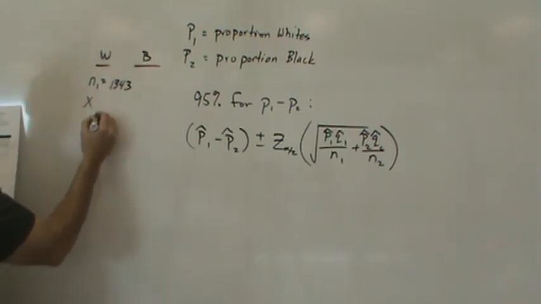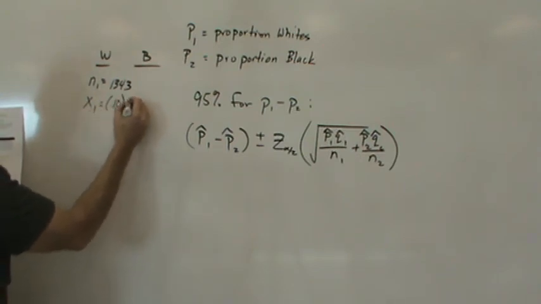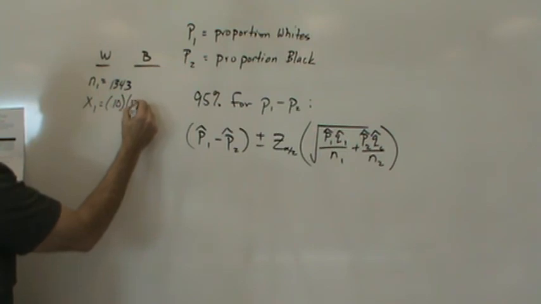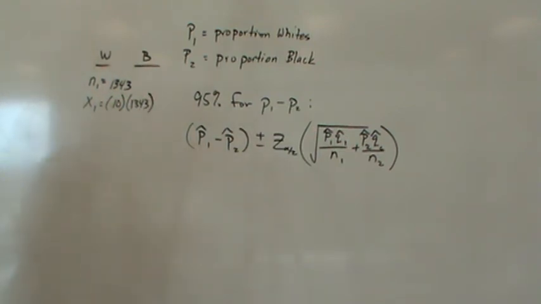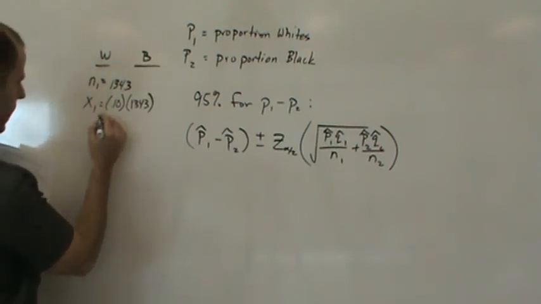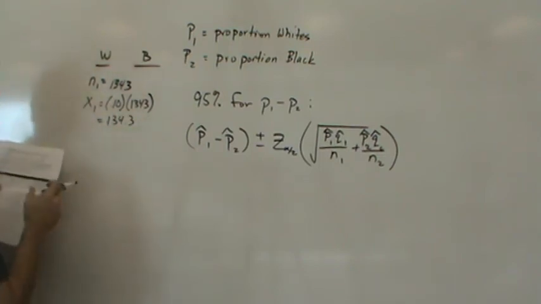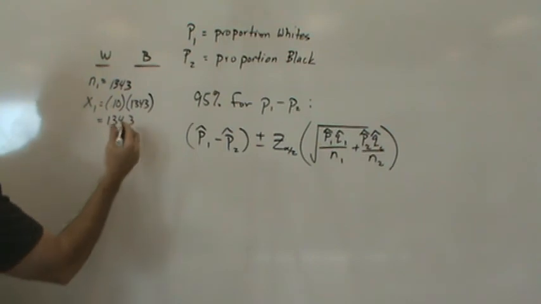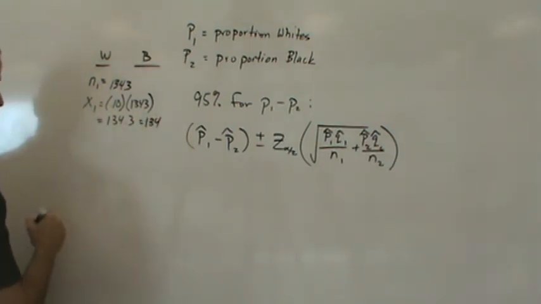So X1 is going to be 0.1 times 1,343. Is it 10%? Yes. So in this case it's 134.3, and we're just going to round that to 134. So that's going to be X1.